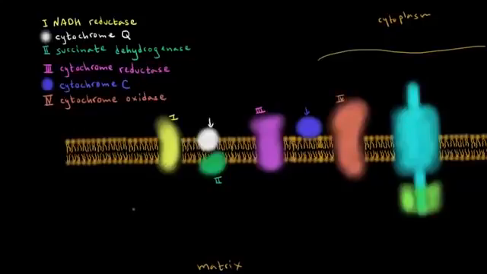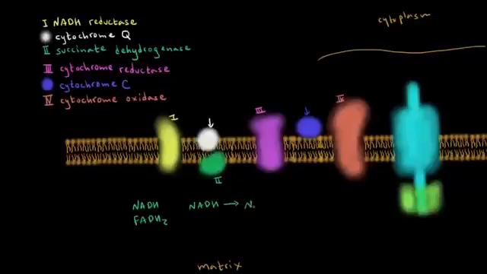So we have NADH and FADH2, which were produced during the Krebs cycle, and these are our electron carriers. And I'm going to describe what happens to NADH, but the same thing happens to FADH2. So NADH is going to be oxidized, or lose electrons. So let's write out that reaction.